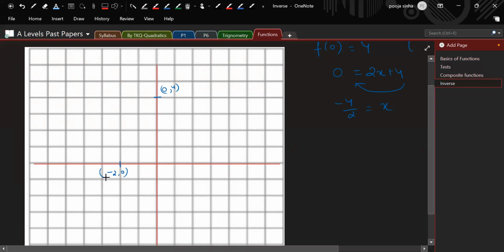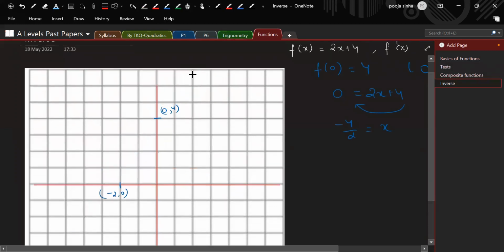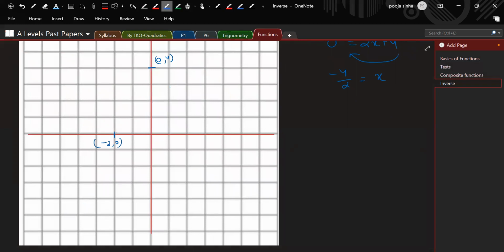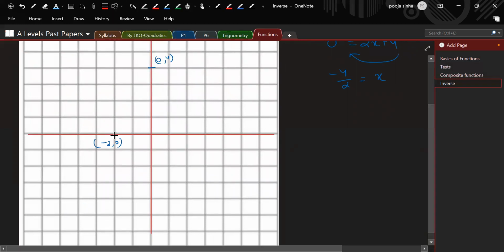Okay. So now what I am doing is I'm just going to make a line between these two, which is not a proper line. I will try to connect it first and then link the line.